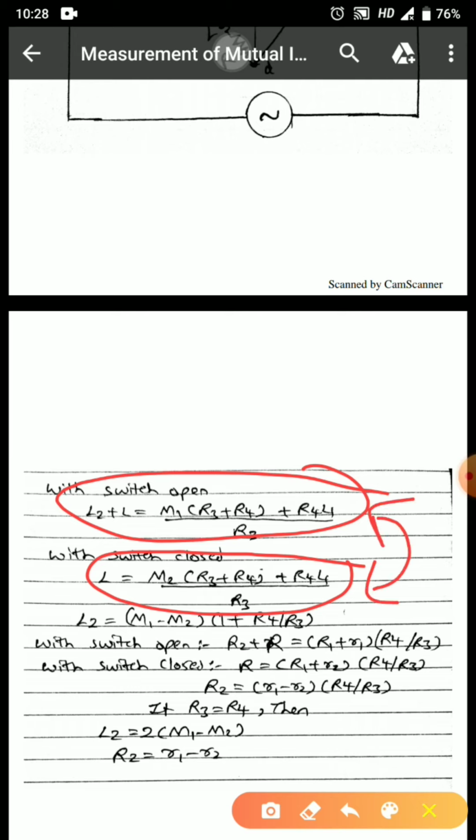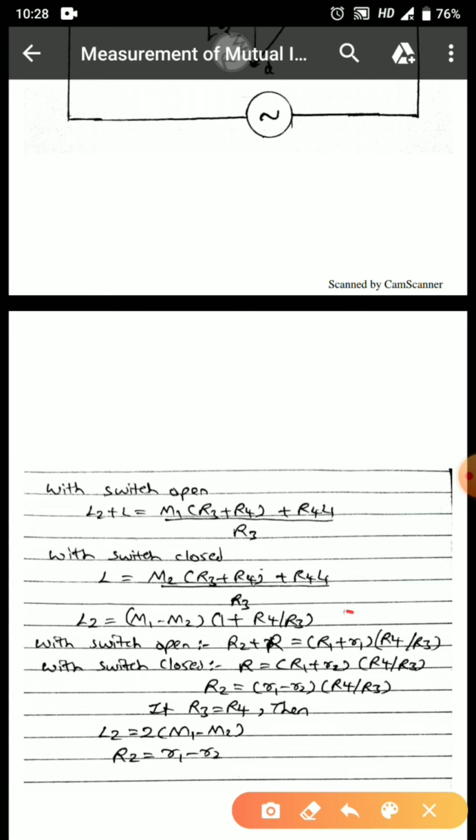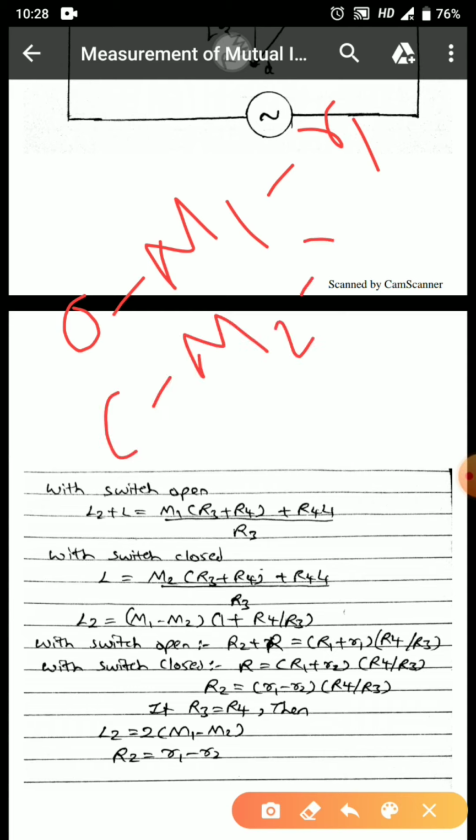Subtracting both, I will get L2 is equal to (M1 minus M2)(1 plus R4 by R3). As I have said earlier, for open condition I will be calculating M1 and R1, and for closed condition I will be calculating M2 and R2. So two different values of mutual inductance will be there, and on the basis of that I can calculate the value of L2.